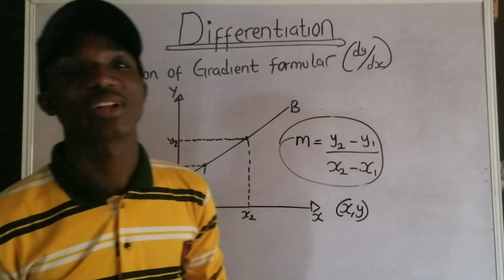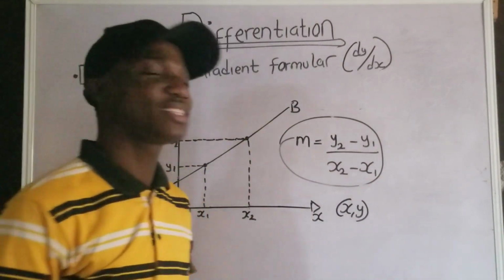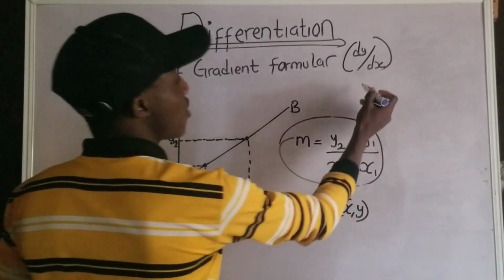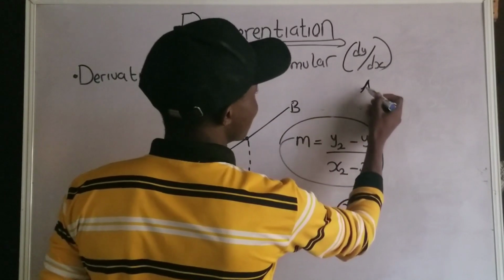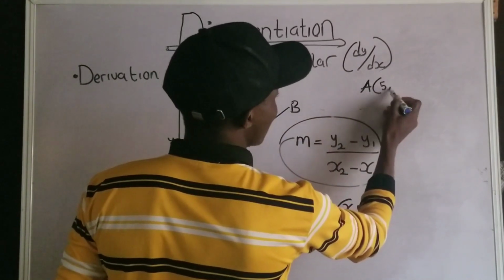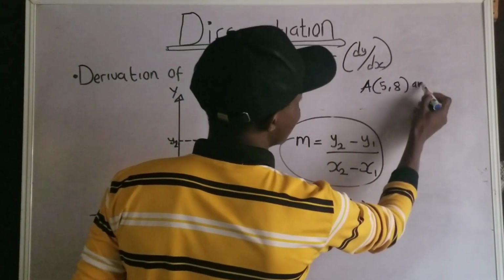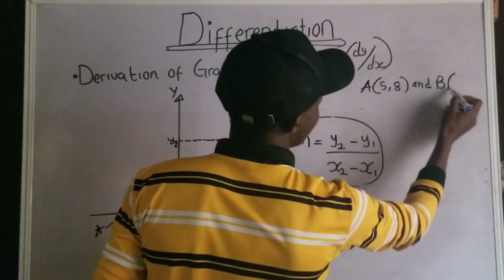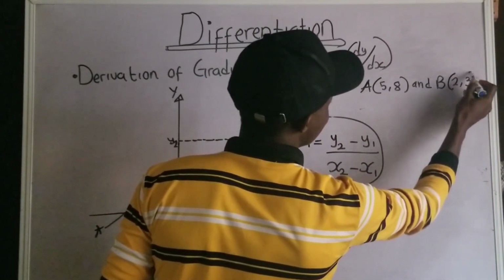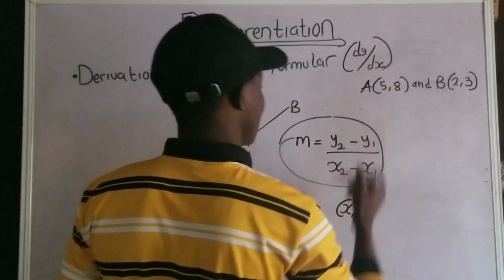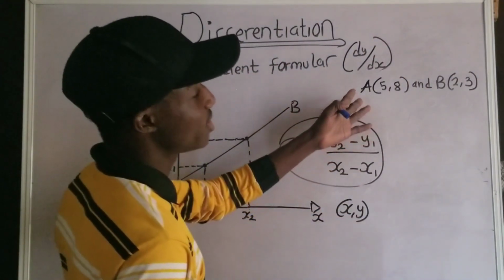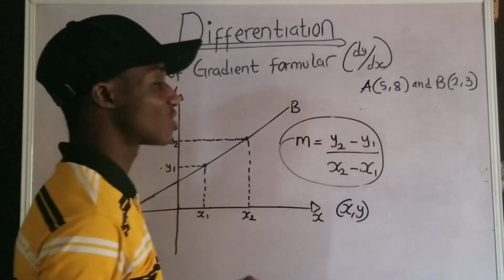Now let's have another practice question. Find the gradient of a straight line joining the points A (5, 8) and (2, 3).